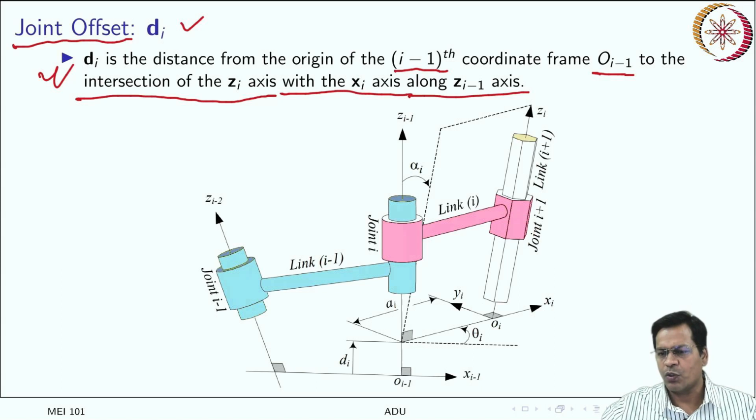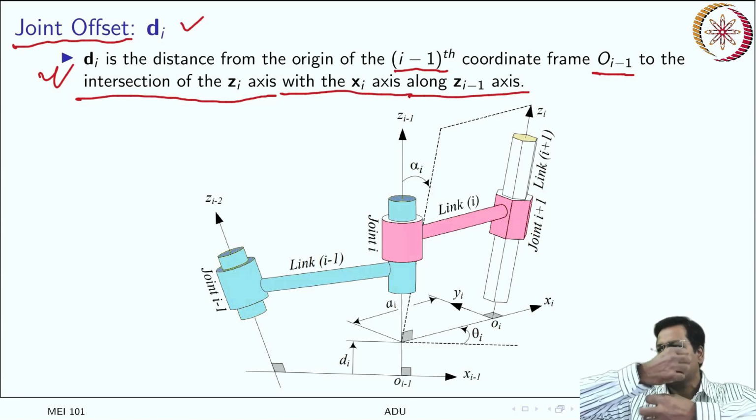So where is it actually located? Let us say you have two links which are connected. See my hand. This is one of the links, and the next link comes here. These two links are dislocated by some distance. The axis was the z axis, on which you have another link which is connected and that moves.